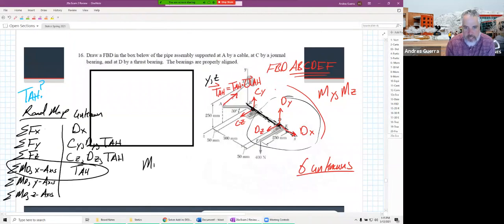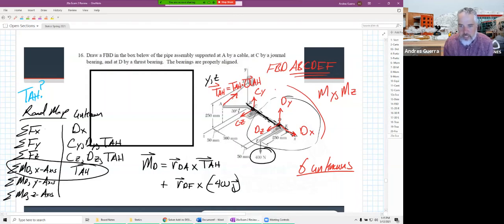How do I find the moment about D? I do it with the cross product. So we take R from D to A crossed with that T from A to H. And then what else is causing a moment about D in the x-axis? Isn't it the 400 newtons? So it'd also be plus R from D to F crossed with a minus 400 j hat. I'm just looking at the picture here. The 400 is going down in the y direction, so it's a minus 400 j.